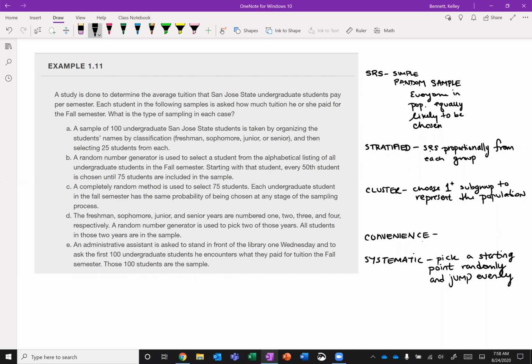The one tiny issue I have with this is that we're making the assumption in this example that we have an equal amount of freshmen, sophomore, junior, and seniors. And I think typically in a college, you have slightly more freshmen than you do seniors just because of attrition. So that aside, I'm going to take 25 students from each, and this is the assumption, a simple random 25 from each.